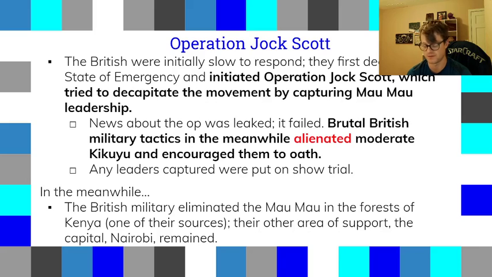So the British, first of all, are initially actually really slow to respond. They declare first a state of emergency, and then we get what's called Operation Jock Scott. Jock Scott is pretty simple to understand. The basic premise of it is that the British believe the easiest way to put down the Mau Mau is to capture their leaders and just decapitate the movement, like cut the head off the snake.